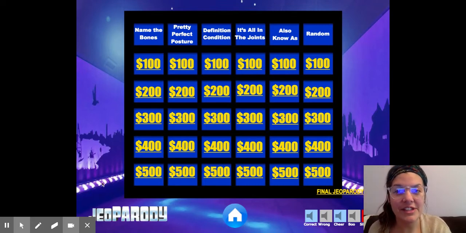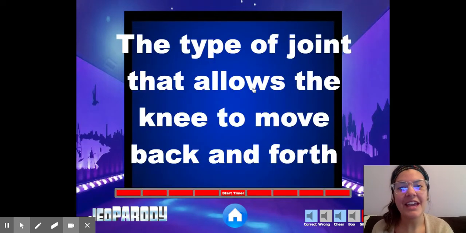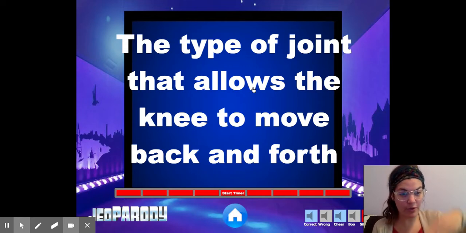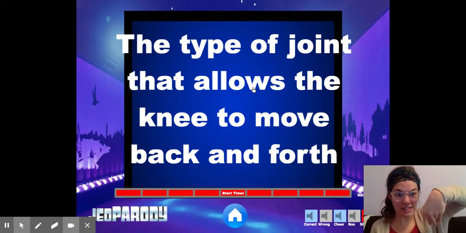Okay, let's do, it's all in the joints, 200. All in the joints, 200. I will get it eventually. Okay, the type of joint that allows the knee to move back and forth. So which one does this?